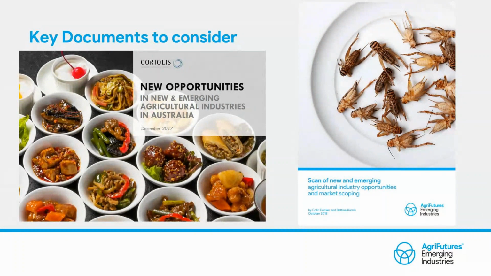We are in the process of getting these updated, but they are still a valuable tool, even if some of the data may need updating, to help you as an applicant or potential applicant to consider some of the challenges and opportunities that your industry faces. It's also to give a feel of how some of the industries are seen through the market analysis, and to look both domestically and internationally at new and emerging opportunities for those industries.